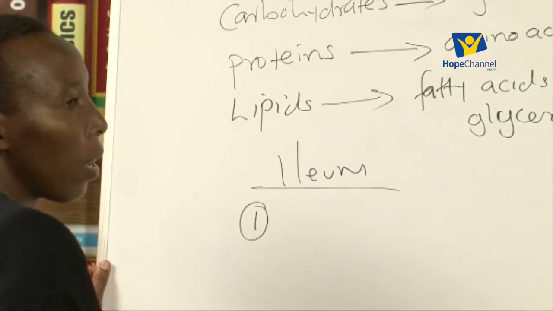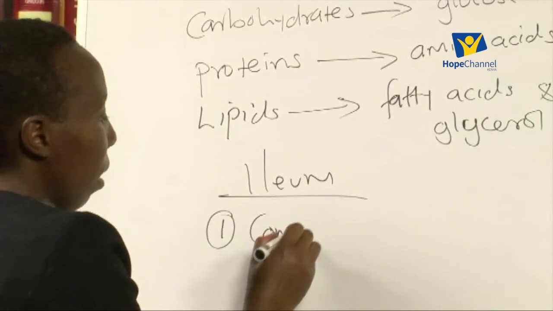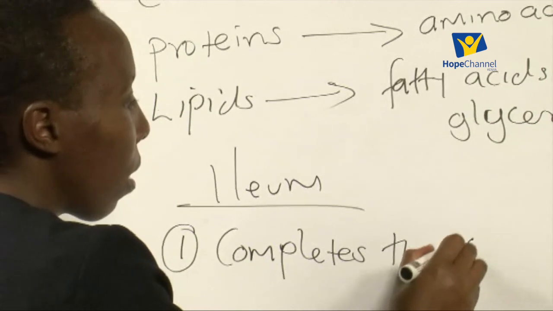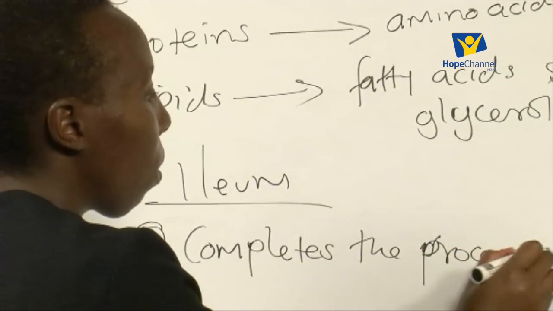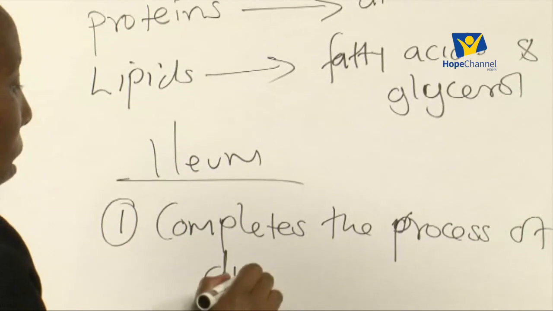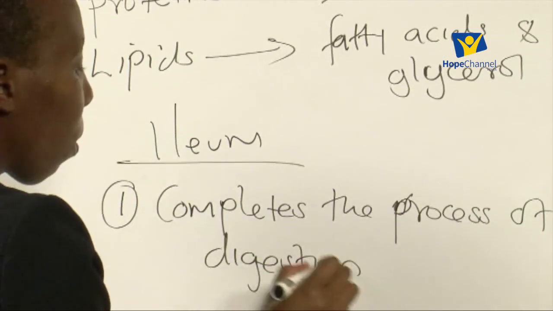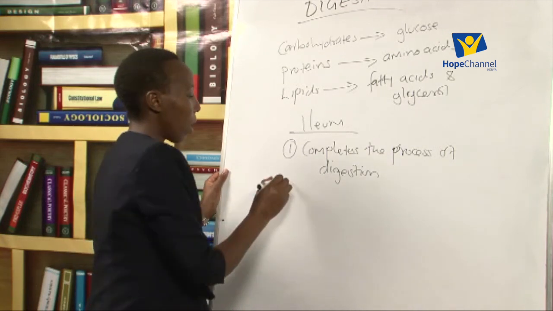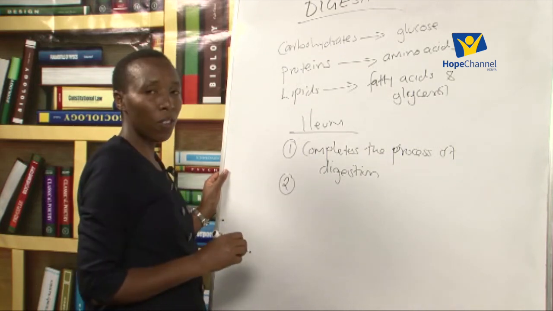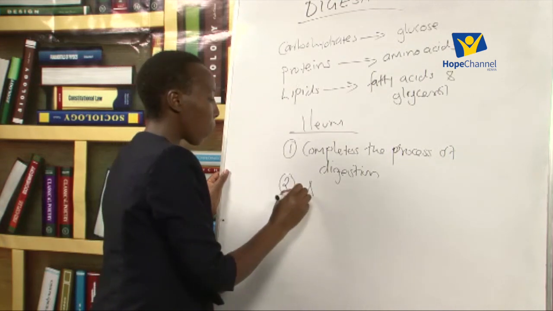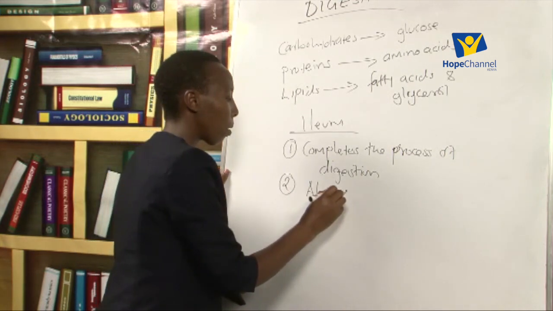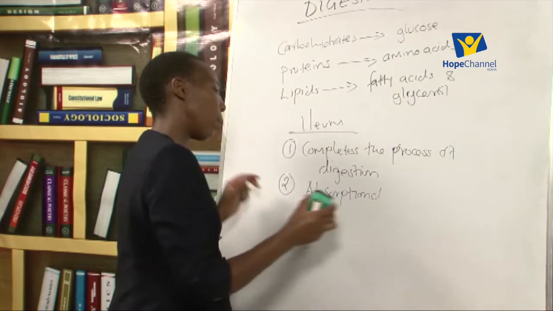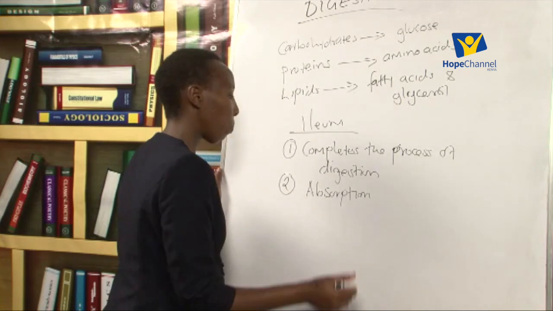Function number one, it completes the process of digestion, which we discussed in our previous lesson. And function number two of the ileum, it does what we call absorption of the end products of digestion.